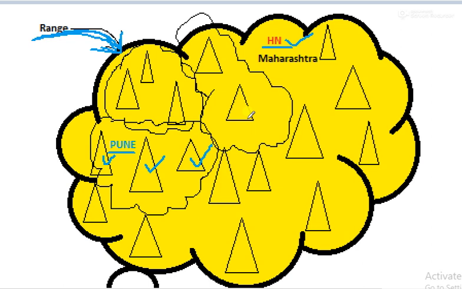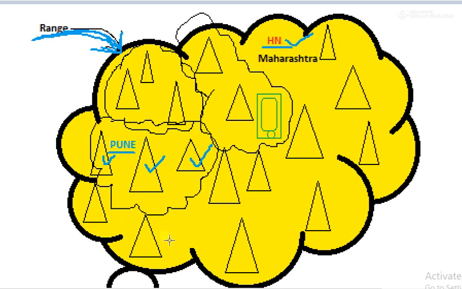And the particular user, let's say right now the user is available in this area, which may come under any district. This is the user right now, available in the home network only.